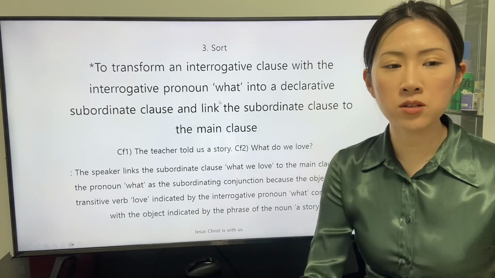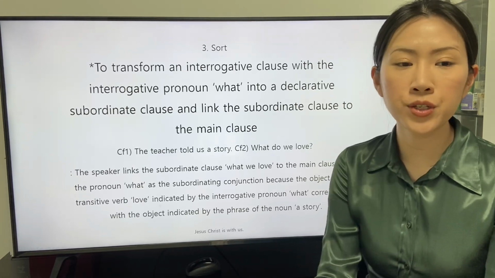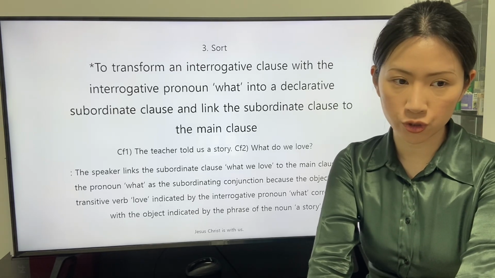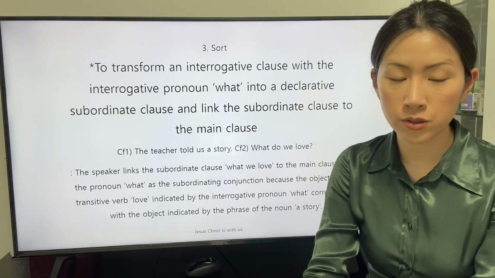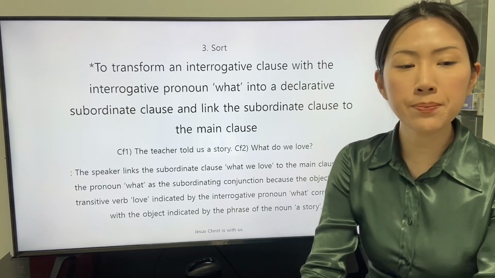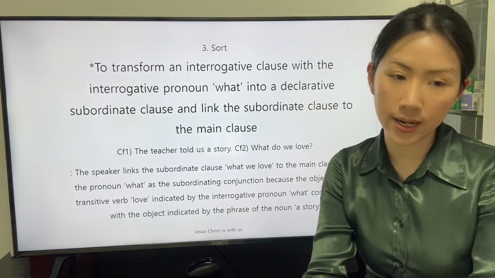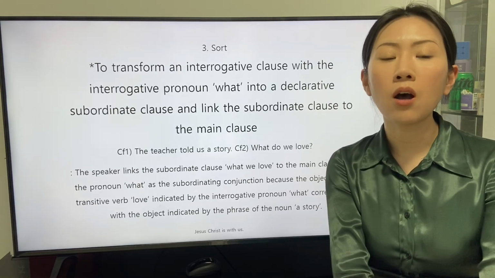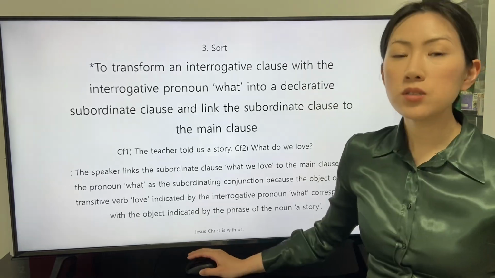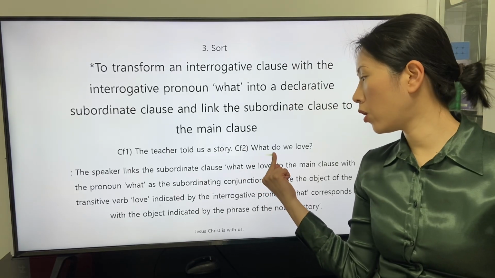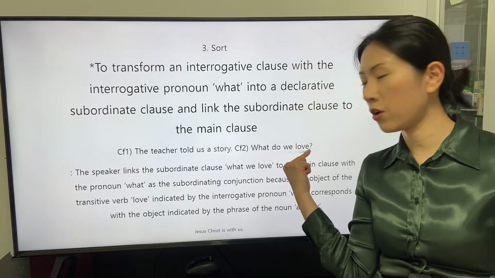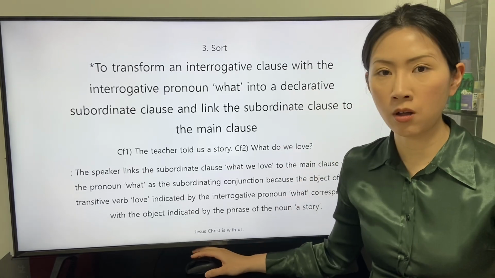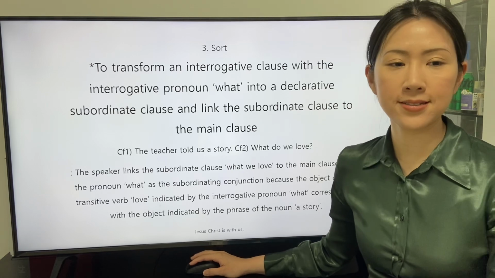The speaker links the subordinate clause what we love to the main clause with the pronoun what as the subordinating conjunction because the object of the transitive verb love indicated by the interrogative pronoun what corresponds with the object indicated by the phrase of the noun a story. So we can understand the interrogative clause to be the subordinate clause is transformed to become a part of the sentence.